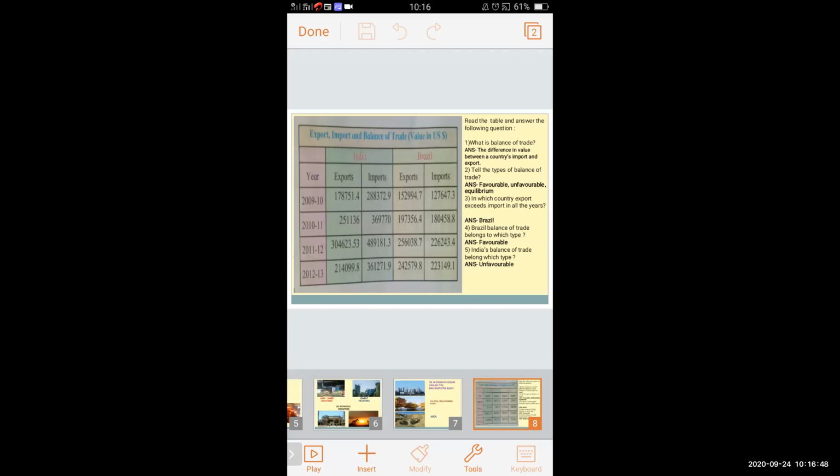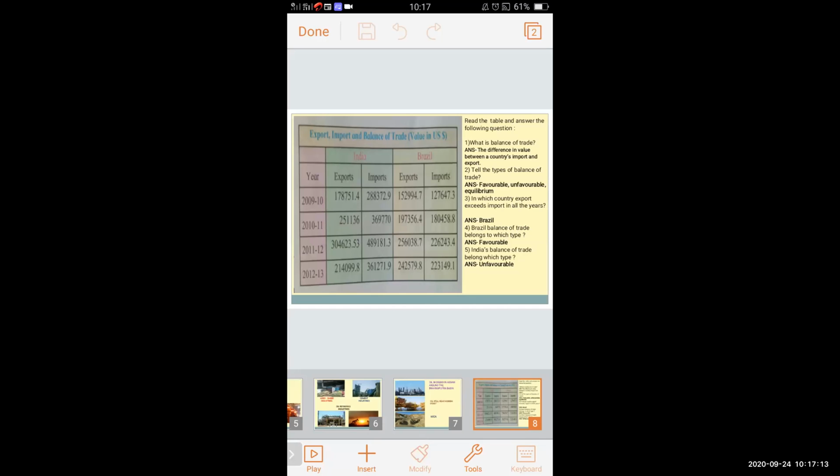In 2010-11, there is the export of 1,97,356.4 and the import is 1,80,458.8. So here also we can see export is more than import. Means Brazil is not dependent on other countries for import.